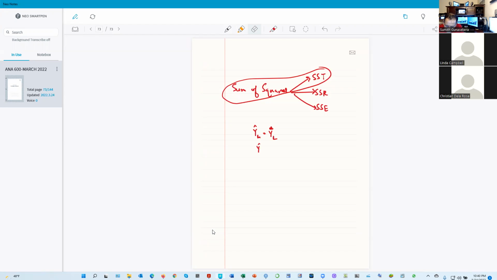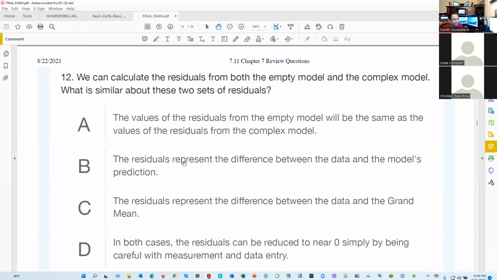Y hat of medium is nothing but y bar of medium, this one is their mean, the mean of the medium group. Y hat of high group is the y bar of high group. That's the same thing. That is the mean. The residual represents the difference between the data and the model's prediction.